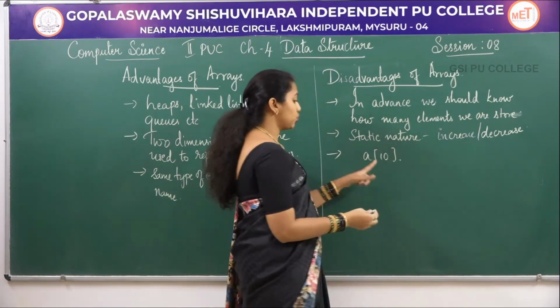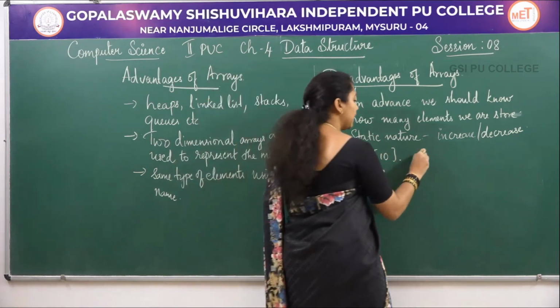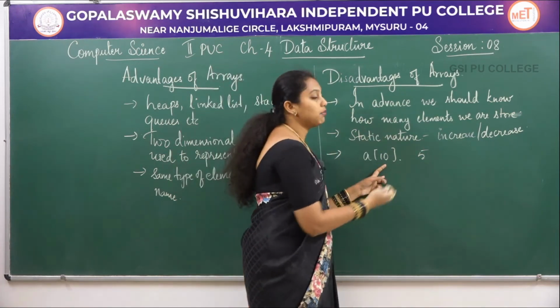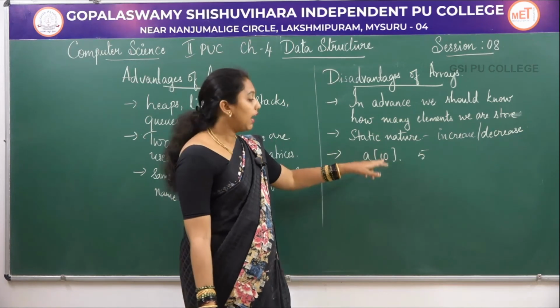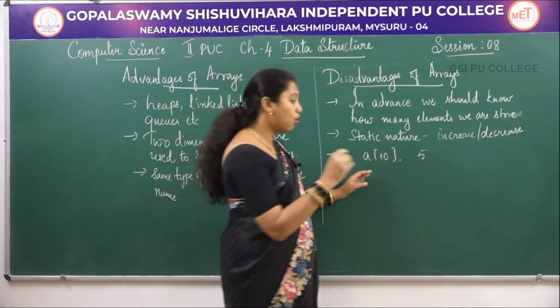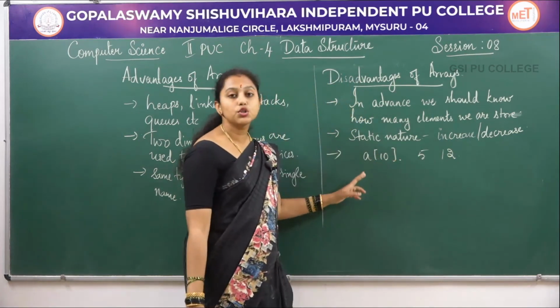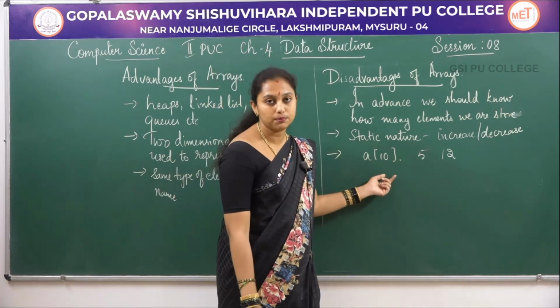Here I can store only 10 elements. If I store only 5 elements in the array, then the other 5 memory locations get wasted. And if I want to store more than 10 elements, like 12, then I cannot store 12 elements in the array. It will create a problem.